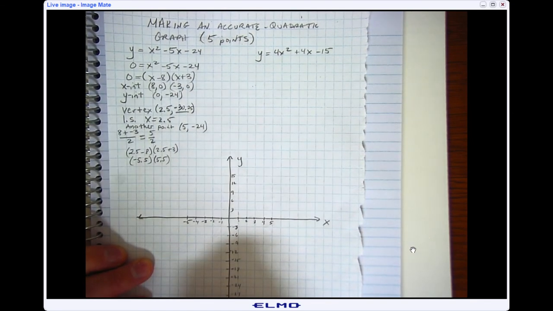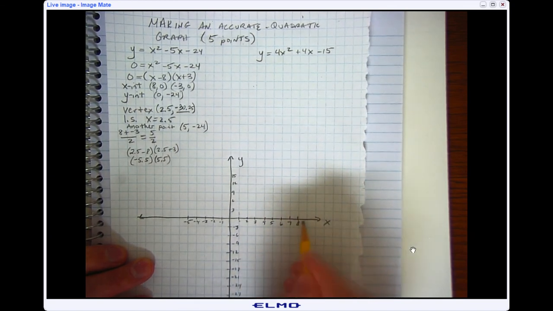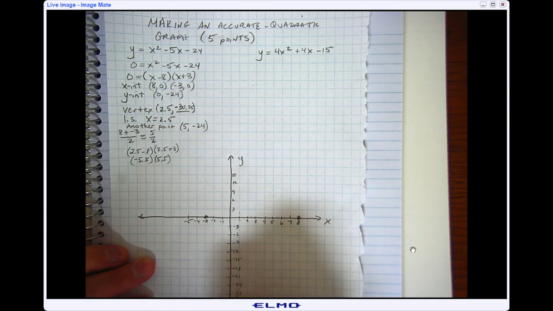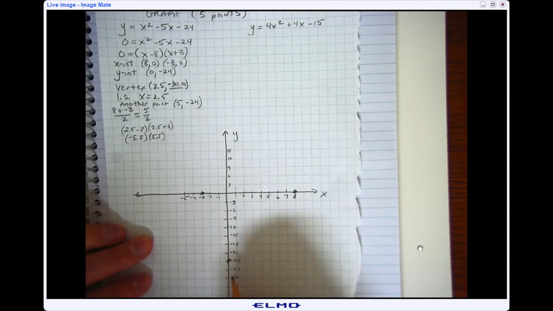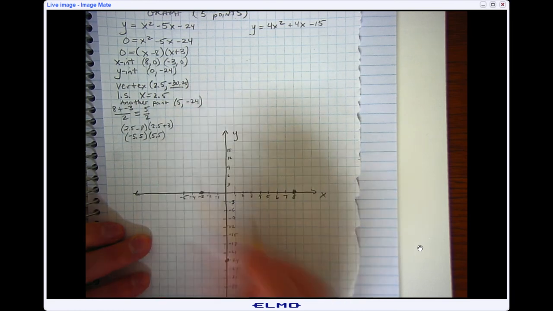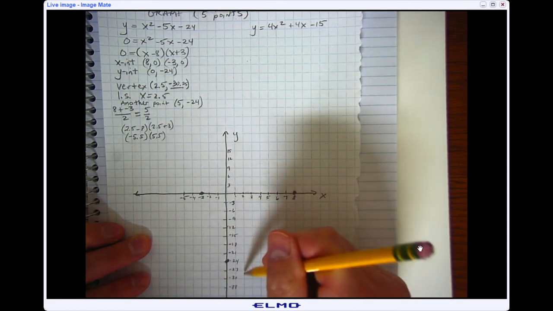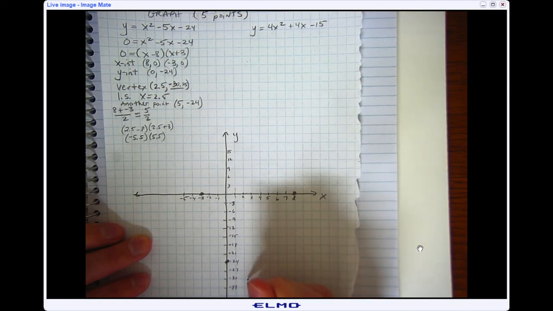To show you that on the graph, I'll make a couple more dots here to make my 8, 0 show up. Here's 8, 0. Here's negative 3, 0. I'm counting by 3's on my y-axis, so here's negative 24. Then my vertex at 2.5, negative 30.25, is literally touching this line because it's so small.